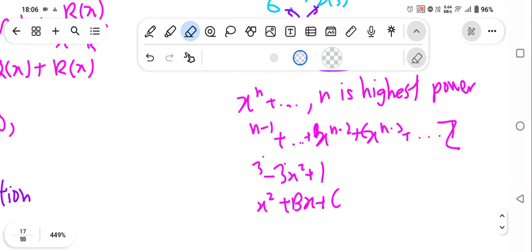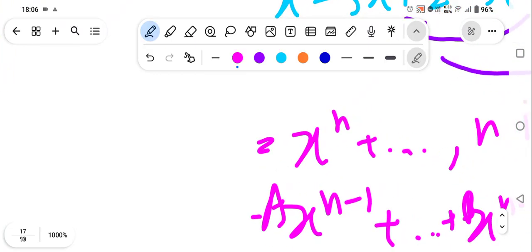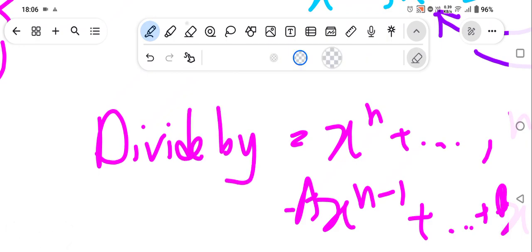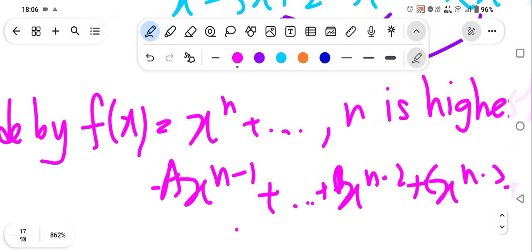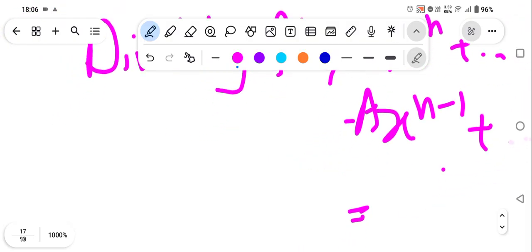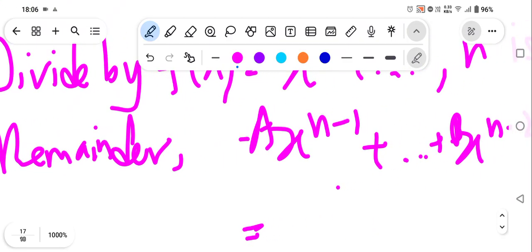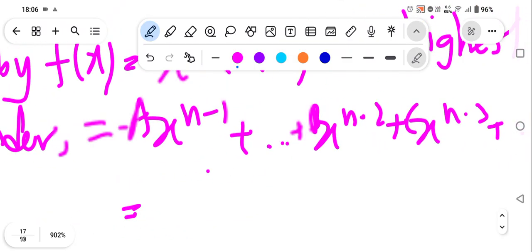Let me clarify again. Okay. So if we divide our function by f(x), we have x to the power n plus something, where n is the highest power, then the remainder will be in terms of ax to the power n minus 1 plus bx to the power n minus 2 and so on.